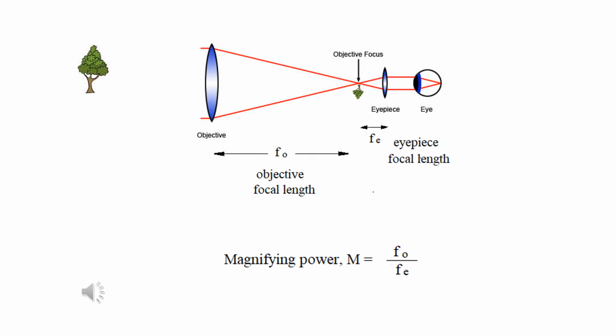But the shorter the focal length of the eyepiece, that will increase the magnifying power. So you want the objective to have a long focal length and the eyepiece to have a short focal length. And that'll increase the magnifying power of your telescope. The derivation of this is given in your book. It's very simple. I recommend that you look through it.